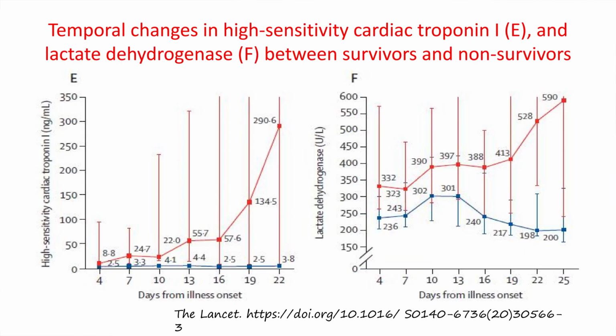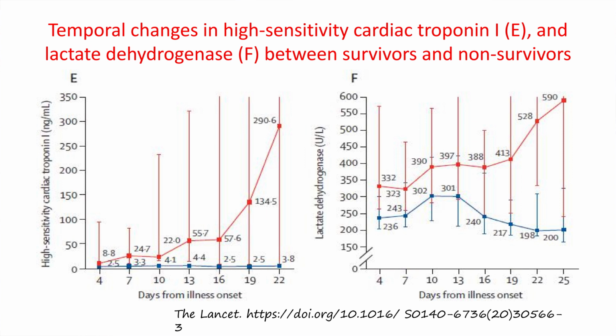And this will show another one, troponin. Troponin is a very important marker for the critical illness. In some critical or even dead patients, the troponin increases dramatically with the disease progression.